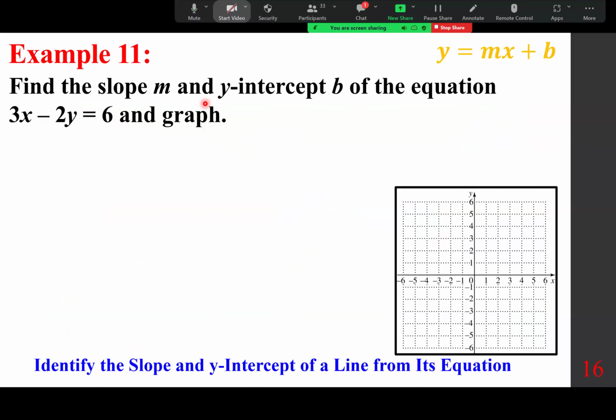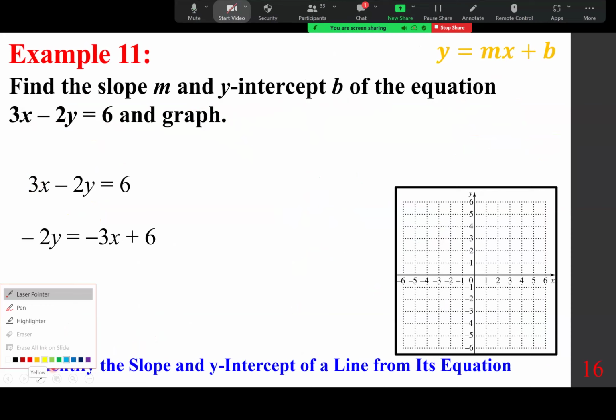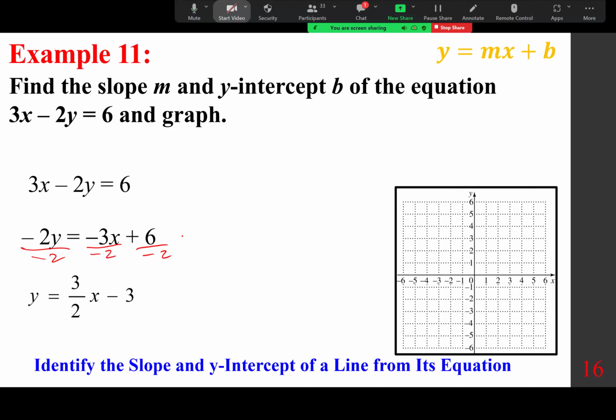Find the slope m and y-intercept b of the equation 3x minus 2y equals 6 and graph. Of course, you have to solve for y. So given the equation, move the 3x, make a negative 3x on the right. Divide by negative 2 on both sides.